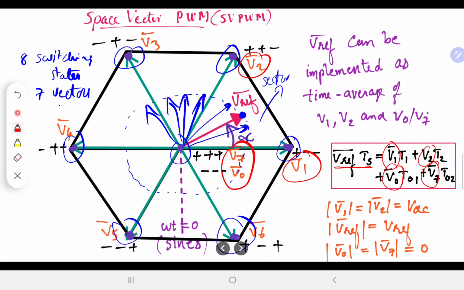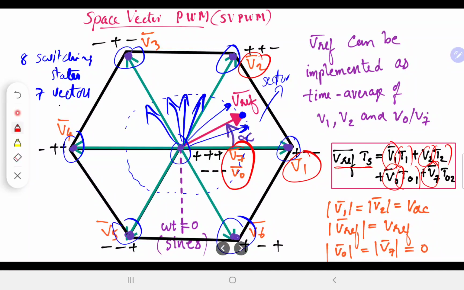So v1 is switched for a time t1, v2 is switched for a time t2, and v0 or v7 or both can be used for the remaining time t0. Okay, so if both are used, v0 for t01 and v7 for t02, that's the general expression.